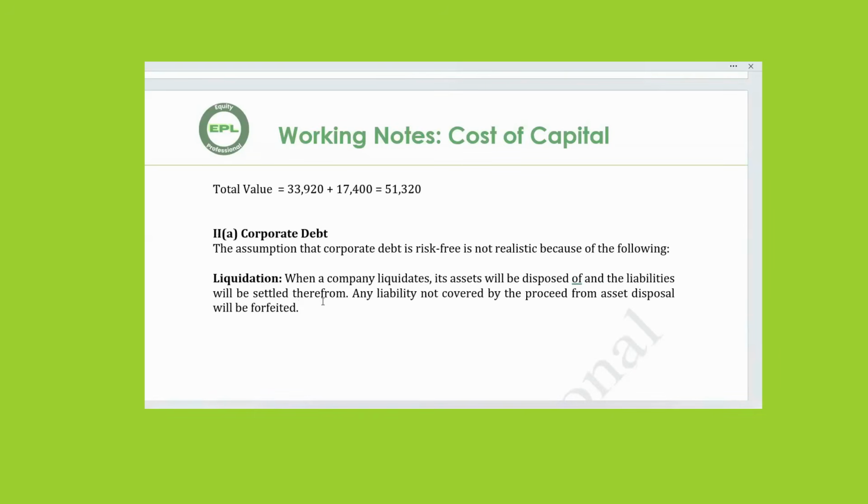You sold all the assets and realized 800,000. What will happen to the balance of 200,000 naira? That will be forfeited. So on that note, we cannot say corporate debt is risk-free. That means the creditors have lost 200,000 naira. That's the implication. Number two, default risk.